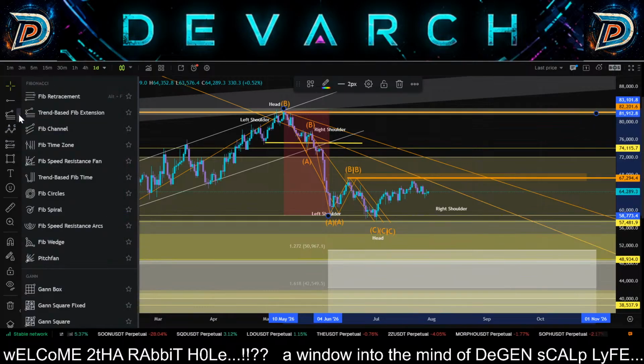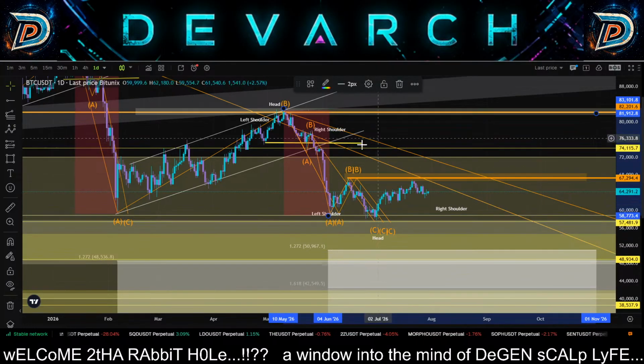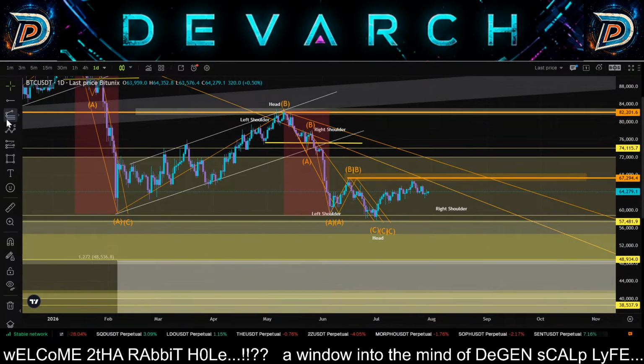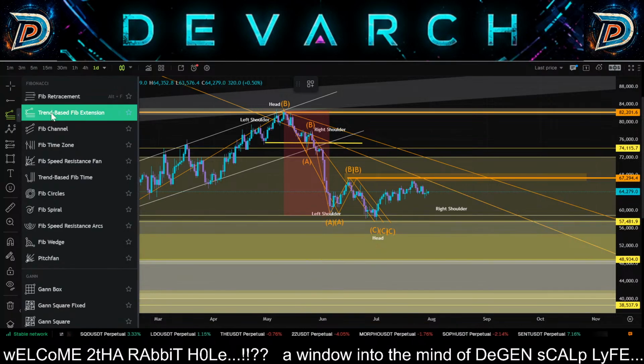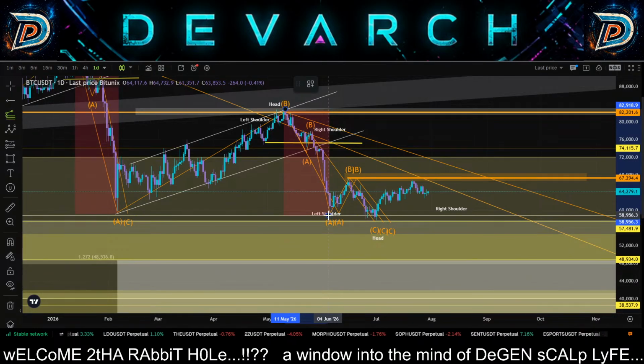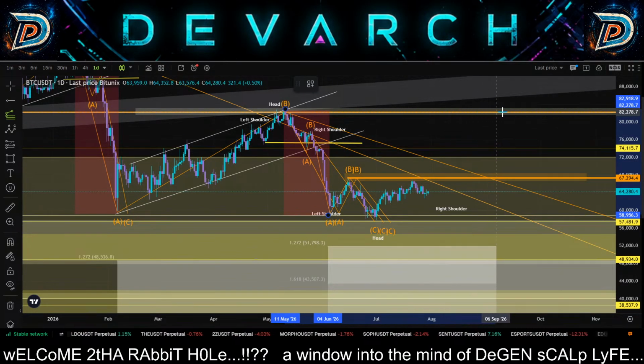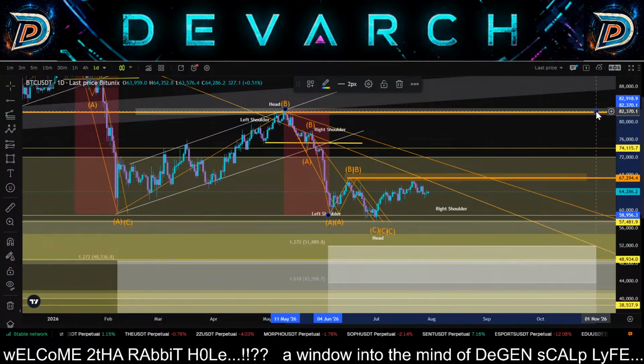And again, I'm using the trend-based fib extension tool. And it's that 3-click tool. I'll do it again so you guys can see. It's this tool here. I click once at the beginning of the wave, once at the end of the wave, and then another time at the beginning of the wave, and I drag it to the right.